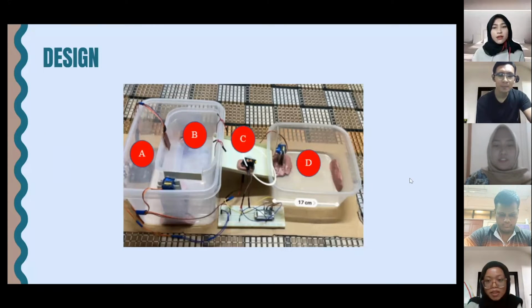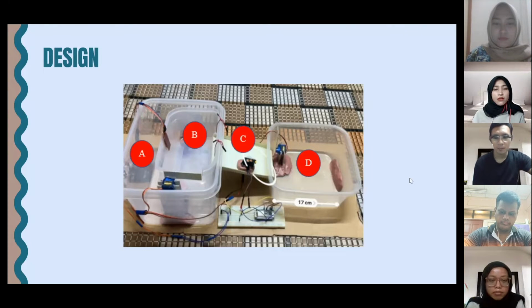Okay, for the design, storage A is designed to avoid water from leaking outside. B represents the river. C is a water slide made to allow the water to flow into the dam, while D is the dam.